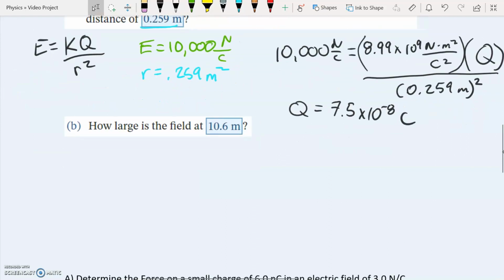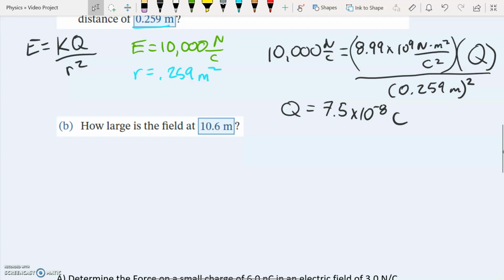And then we come to part B, and they ask us how large is the field at 10.6 meters. Well, we know the only thing that changes in this problem, now that we know our charge, is the radius. So let's punch this in again.